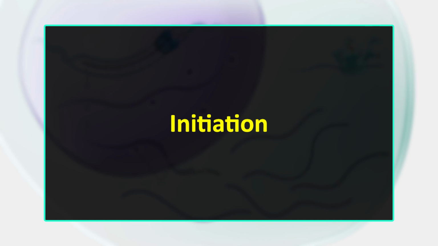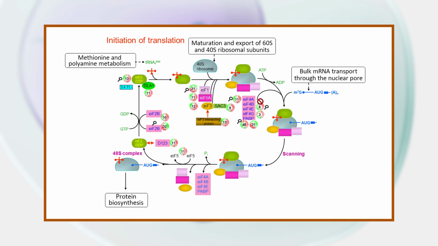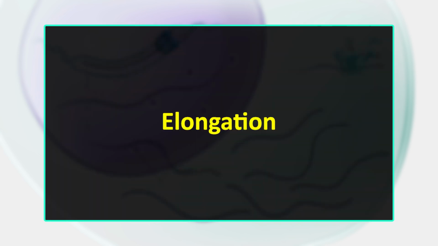Let us first discuss the initiation. The ribosome assembles around the target mRNA first. Then the first tRNA is attached at the start codon. Then the elongation.